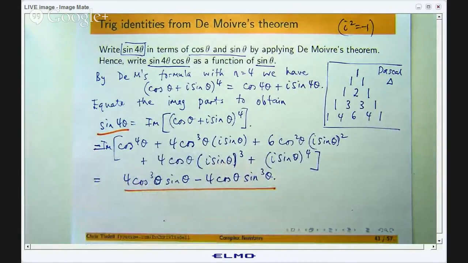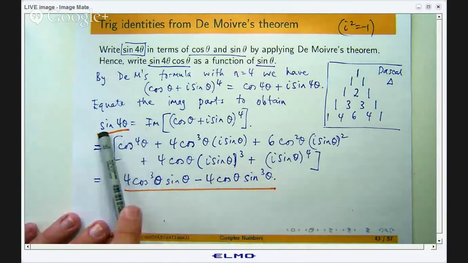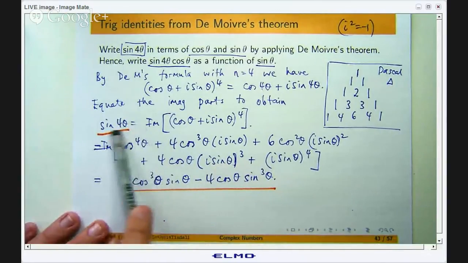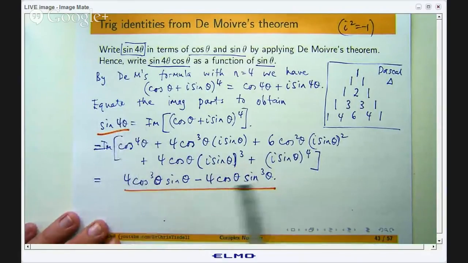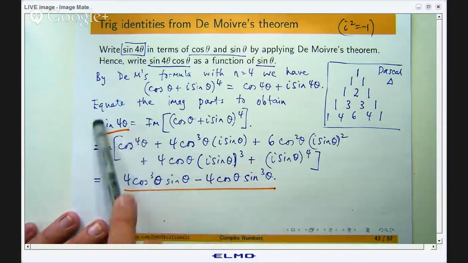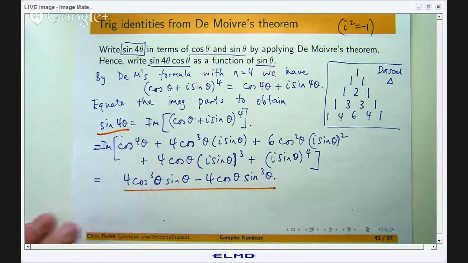Well, you can do it. It's not that difficult, but if you know that this equals this, it's far easier to integrate that than that. I mean, it's not too bad to integrate this, but it's far easier to integrate this. So one motivation for studying de Moivre's formula or de Moivre's theorem is that it can make your life simpler with calculations, and integration is one example.